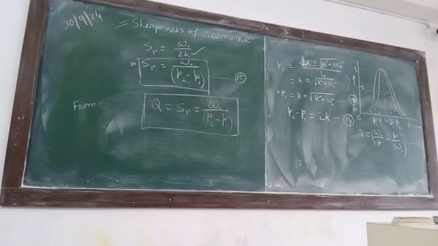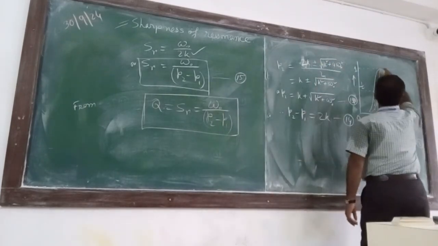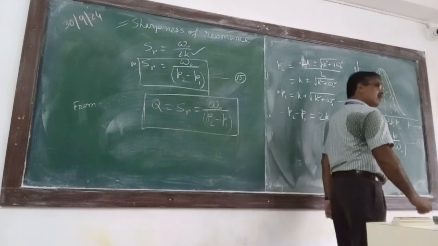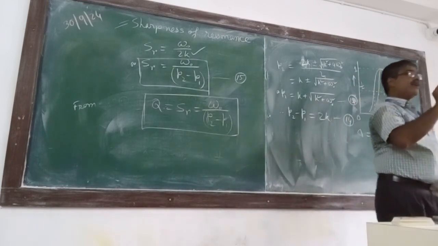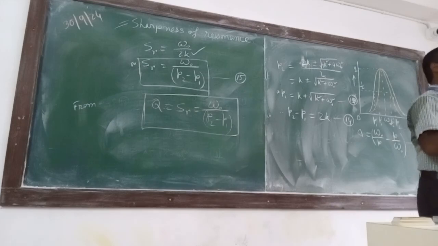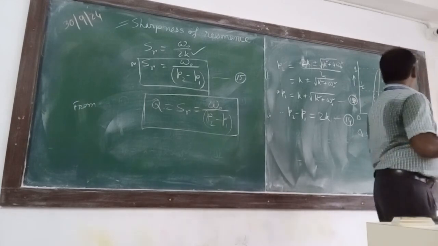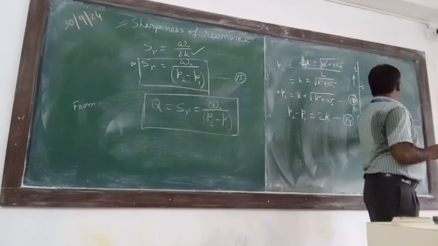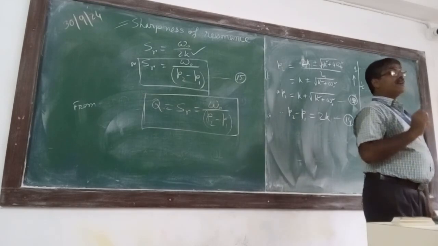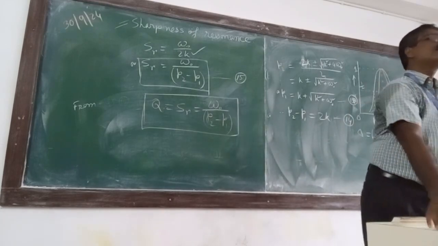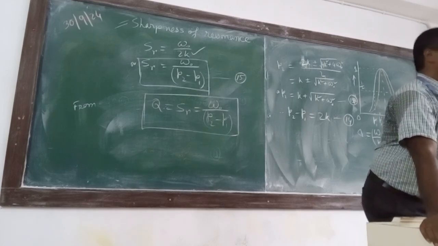So when P equals omega naught, then we get the sharp sound. But if we go from omega naught to either P2 or P1, that is the higher frequency or the lower frequency, then what happens?